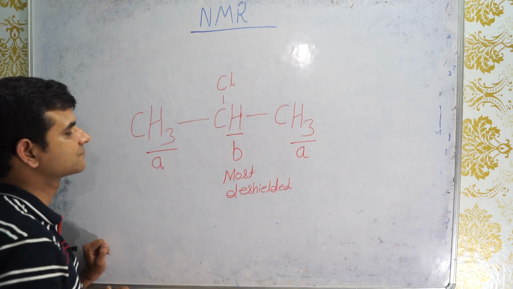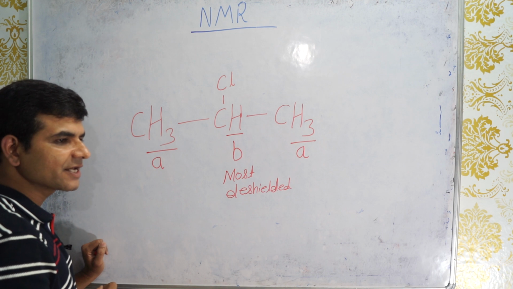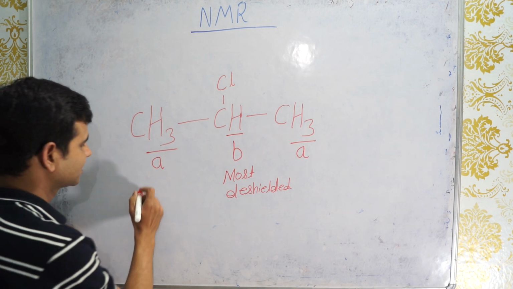Therefore, type A hydrogen atoms would be in the most shielded form.